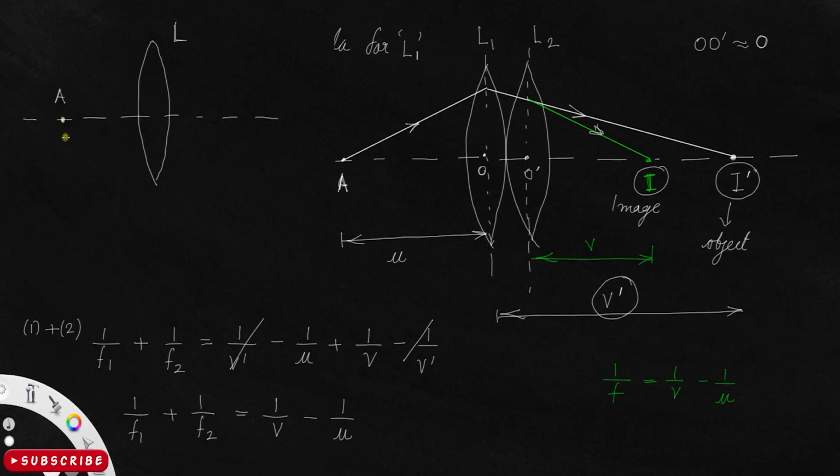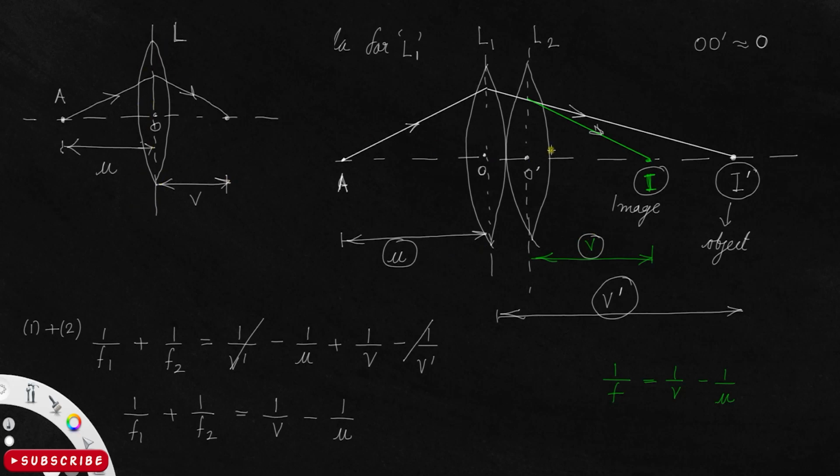Let's take that as A, and this is the optic center, and the distance of the object from the optic center we take as U. And where is the final image formed? At the distance V. Let here be the final image formed. Clear? This U and V for this lens also remain the same.